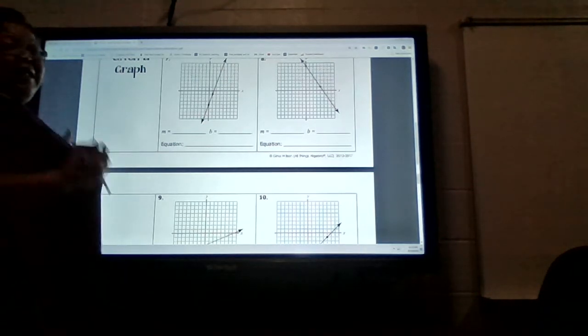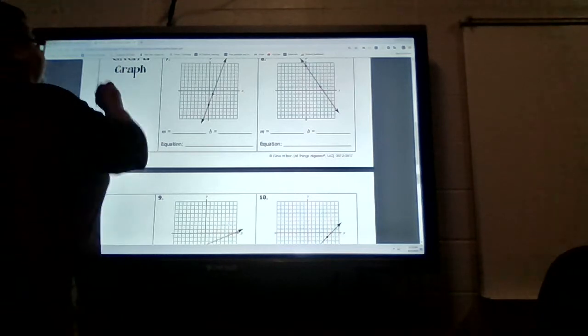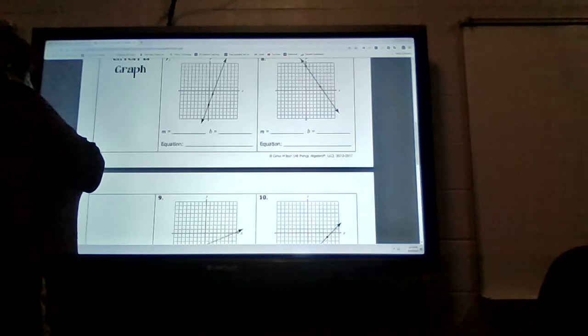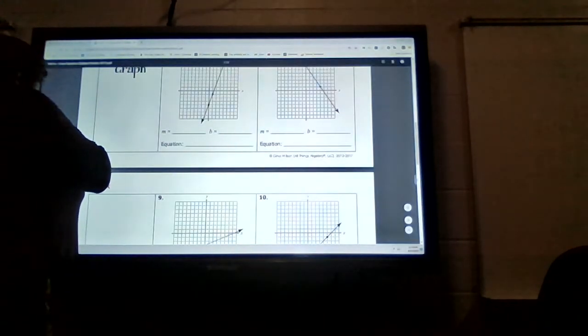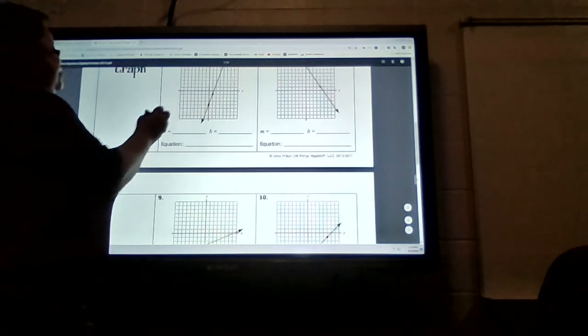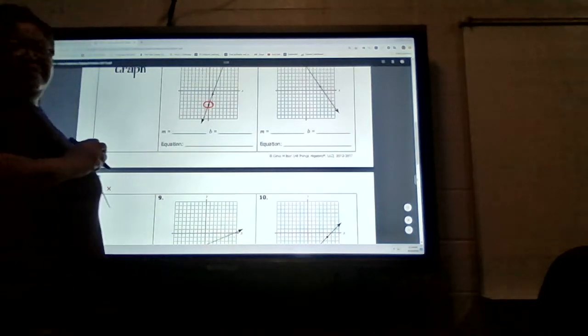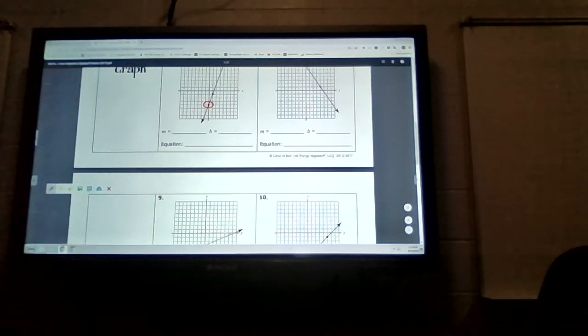Okay, so if you're following along with me on your guided notes, you see that right there where the graph crosses the y-axis? That is my y-intercept. So I read that right off my axis.